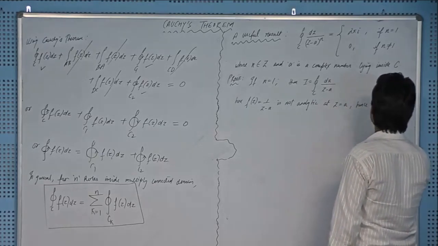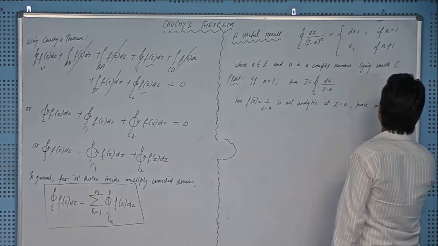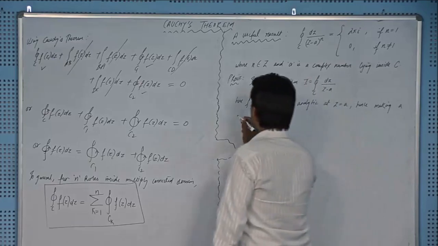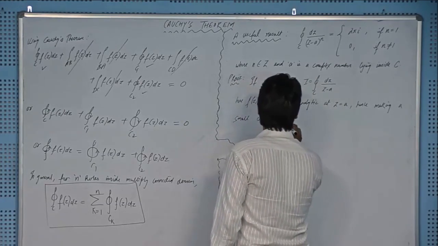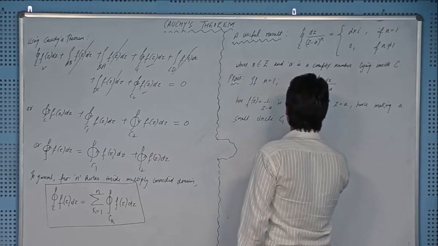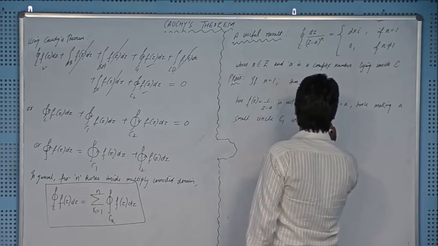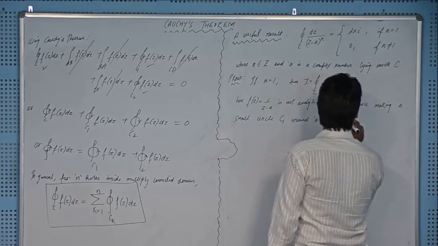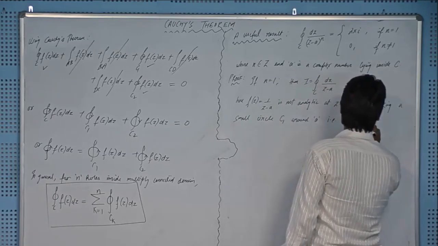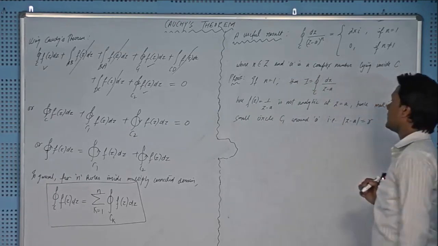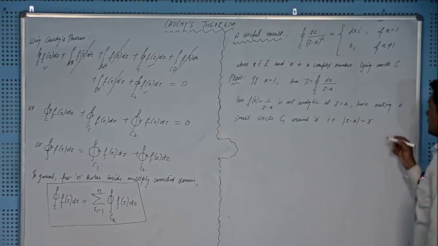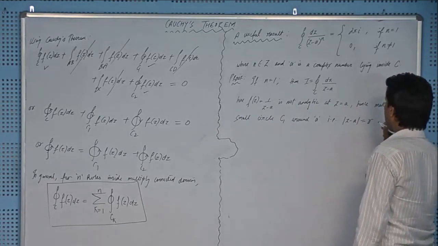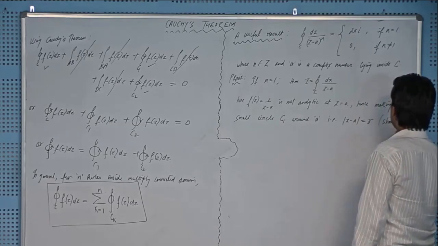Hence, making a small circle C1 around a, that is mod z minus a equal to small r, or you can take mod z minus a equal to 1, as shown in the figure.